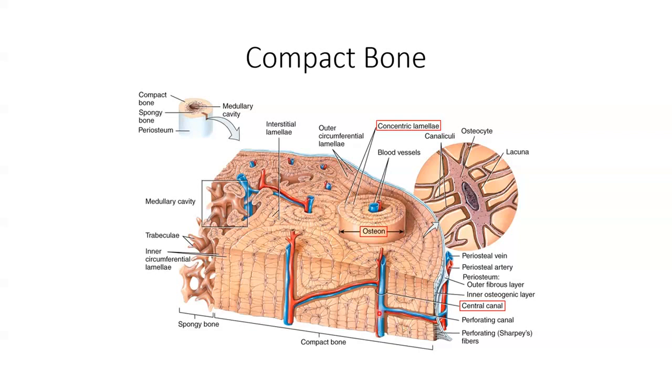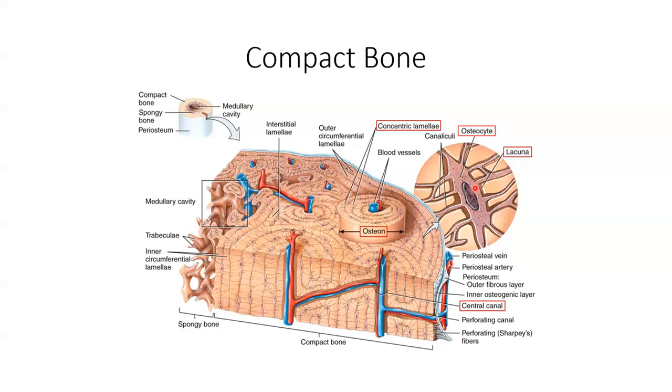Now, between our concentric lamellae are small spaces called lacunae. A lacuna with no E on the end is the singular. And these are small spaces surrounded by the extracellular matrix, which now contain an osteocyte.